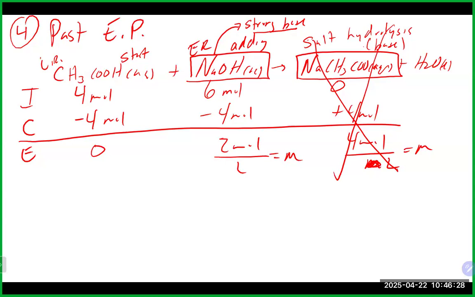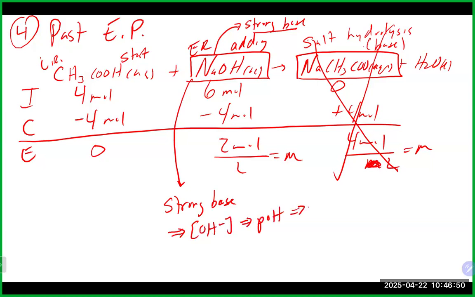So typically at this point in the titration, we ignore the contribution of the salt because it's really not the major contributor to the pH. And we look at our sodium hydroxide, which again is a strong base. And that would give us our OH minus concentration, which will allow us to get to the pOH and then get yourself to the pH at this point.